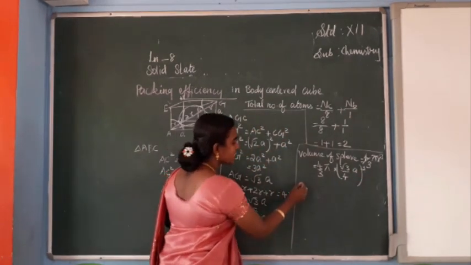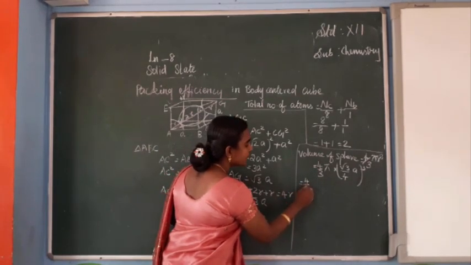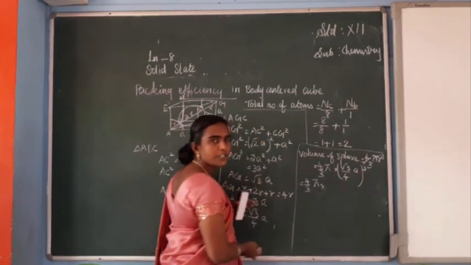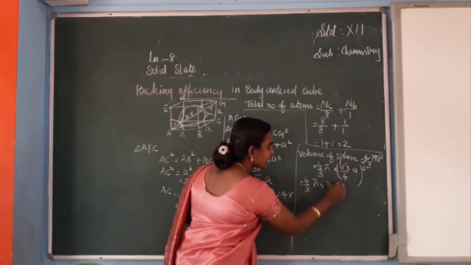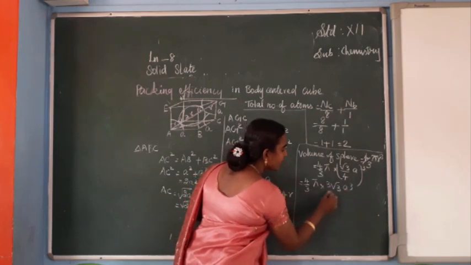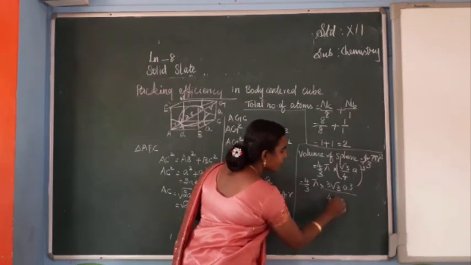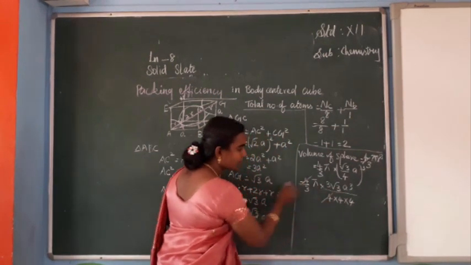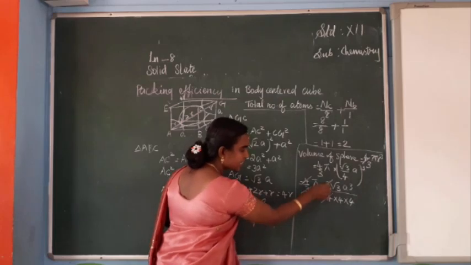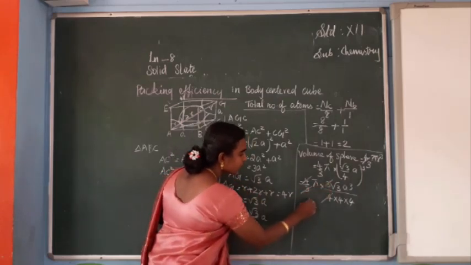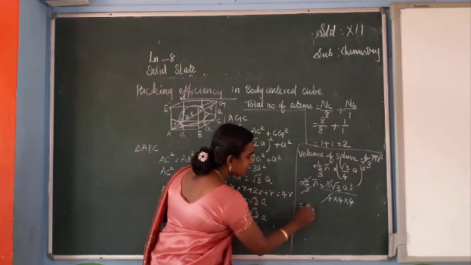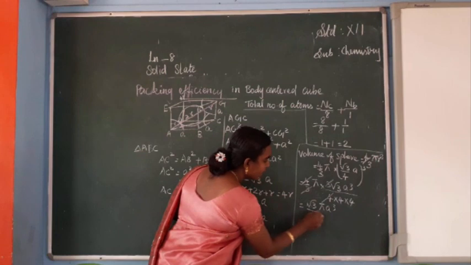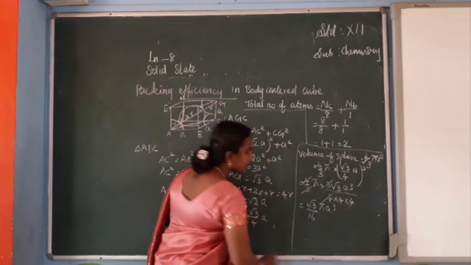Next it is 4 by 3 pi into root 3 the whole cube, which is 3 root 3 a cube divided by 4 into 4 into 4. This 4 and this 4 we can cancel, this 3 and this 3 we can cancel. So it is root 3 pi a cube divided by 4 into 4, that is 16.